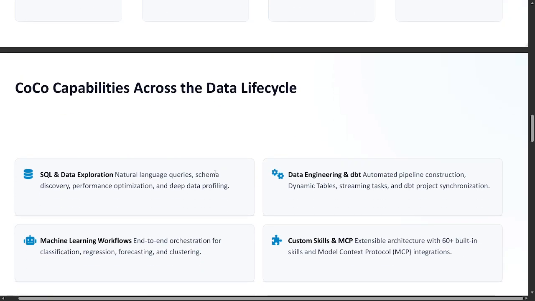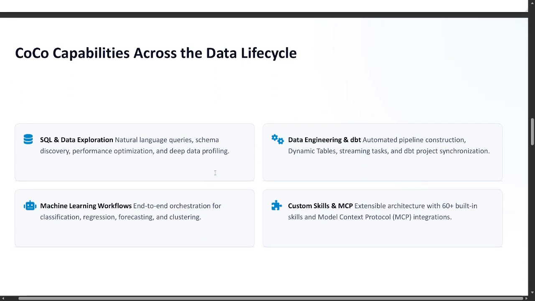Good. Now let's talk about its CoCo capabilities, right? We have to know what the Cortex Code capabilities are across its data lifecycle. Now the first capability that we have is something called SQL and data exploration. Now what does it do?